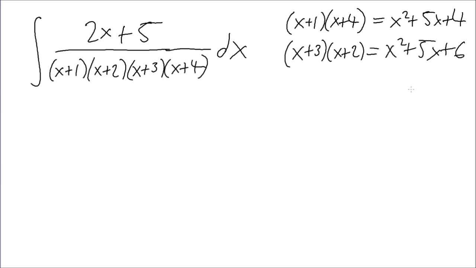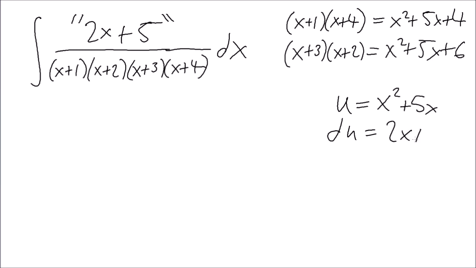So, notice we have this here, right? If I let u equal x squared plus 5x, then my du is equal to 2x plus 5. Okay, we could actually do that.